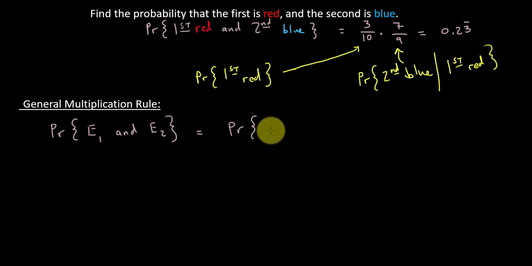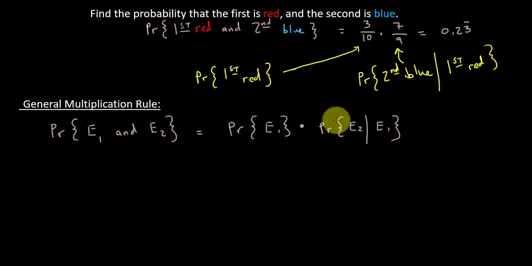The probability of E1 times the probability of E2 given that E1 has occurred.